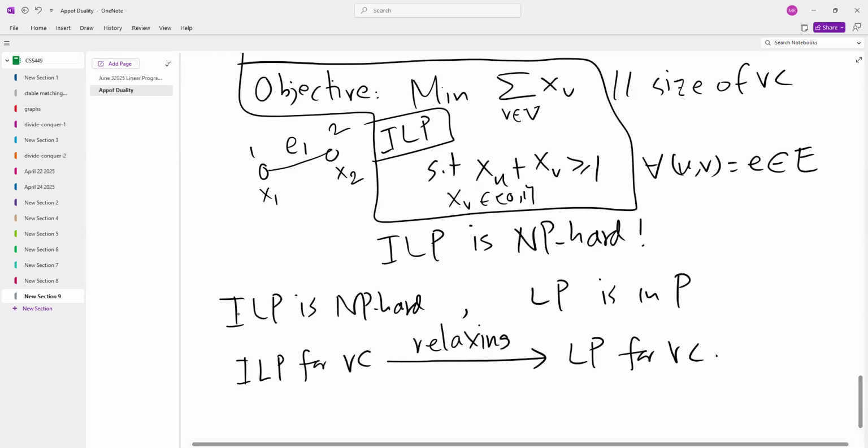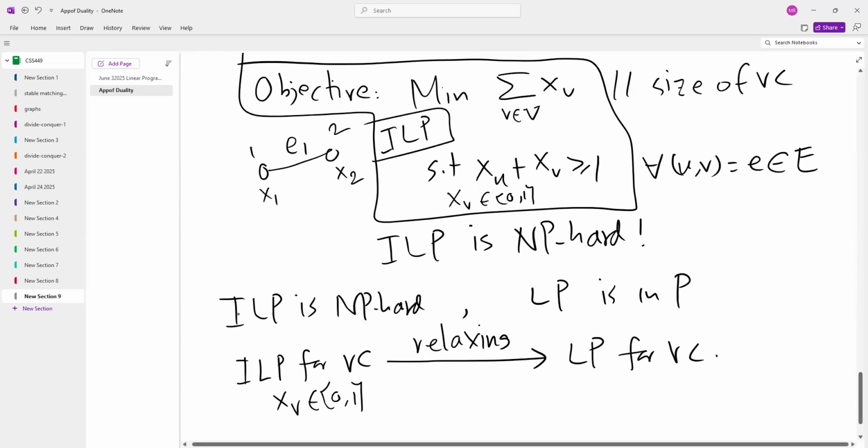Okay. But then the problem changes. It's no longer a vertex cover problem if you relax the constraints. Yes. Okay. But then once I relax it, I solve it, right? The first thing that I'm going to do is relax it. So here in the ILP, x_v is 0 or 1.